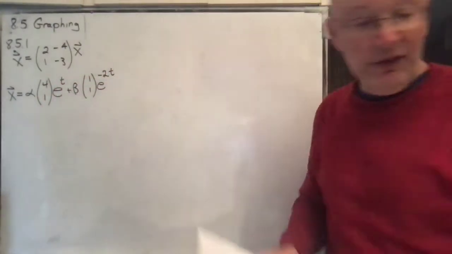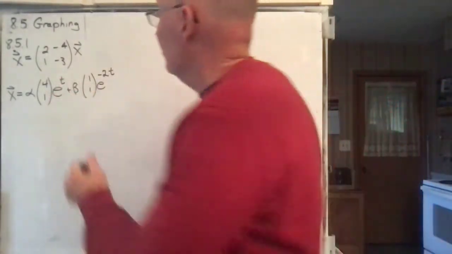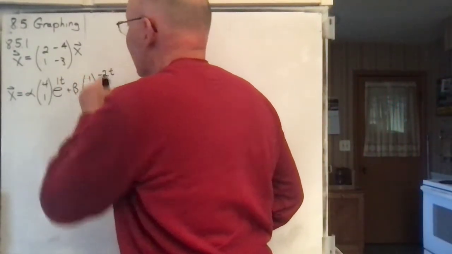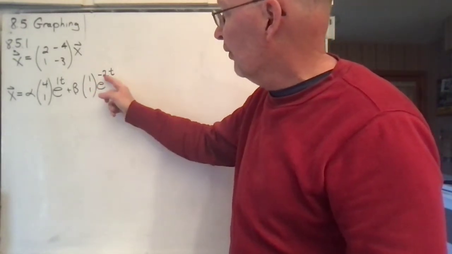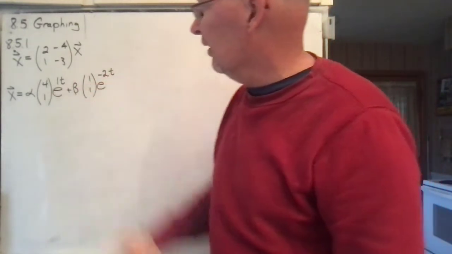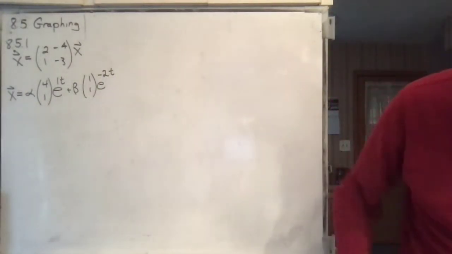As soon as I give you the general solution, you know what the eigenvalues are. The eigenvalues are 1 and -2, and you know what the eigenvectors are associated with those eigenvalues, namely this and this. If you want to check that out on your own, you can do it.